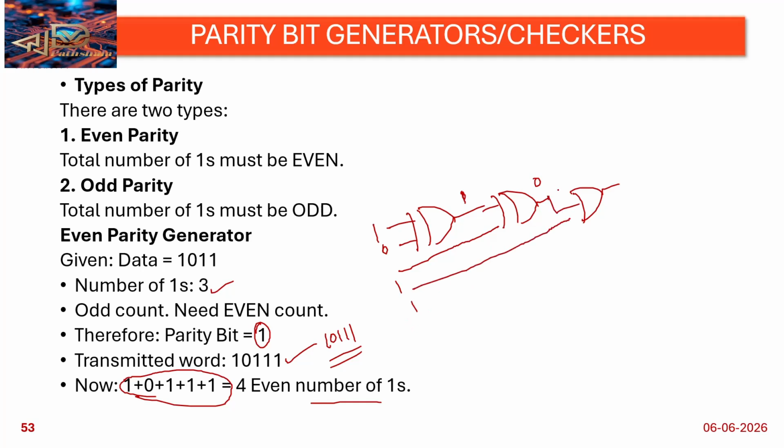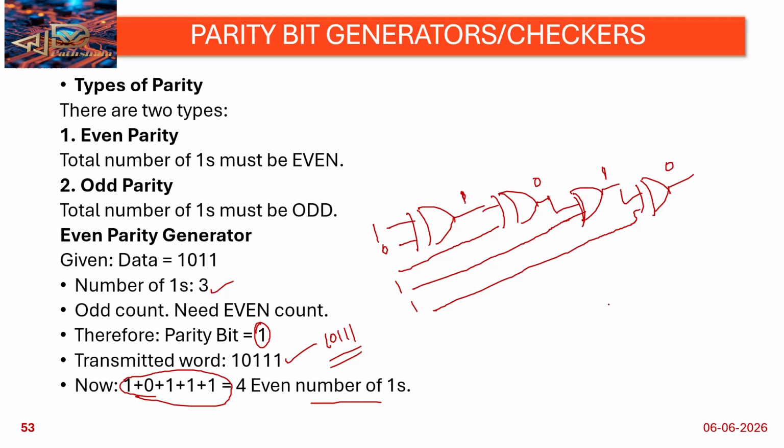Okay, so then 1 0 exclusive OR operation, I'm getting 1 here. After that I am giving to another exclusive OR gate, then 0 we are getting. Okay, so an even count is there, you need an odd count, then you can add 1.